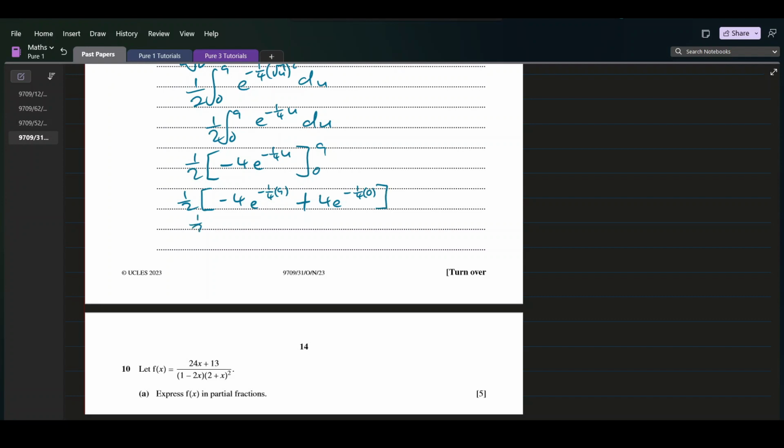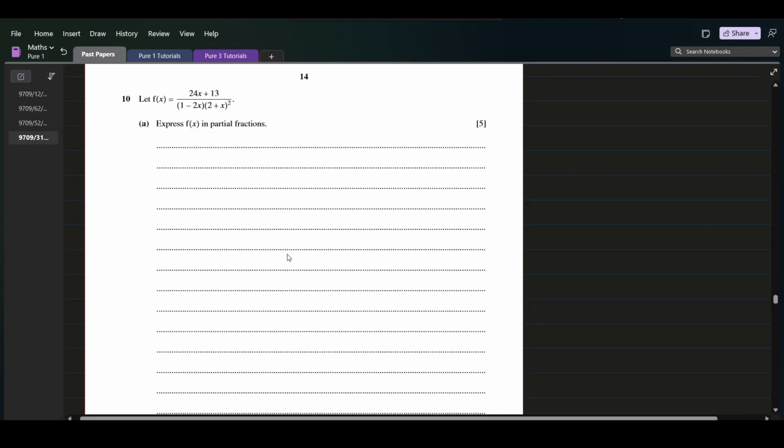And if we simplify here, this becomes negative 4e to the negative 9 over 4, and then this becomes plus 4, and expand the brackets, that becomes negative 2e to the negative 9 over 4 plus 2, and this would be our final answer.